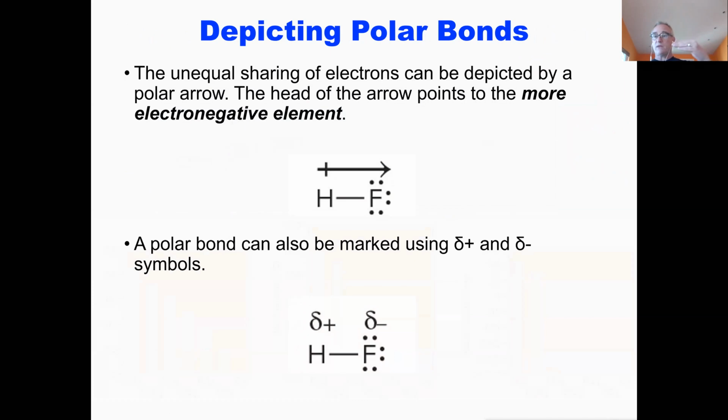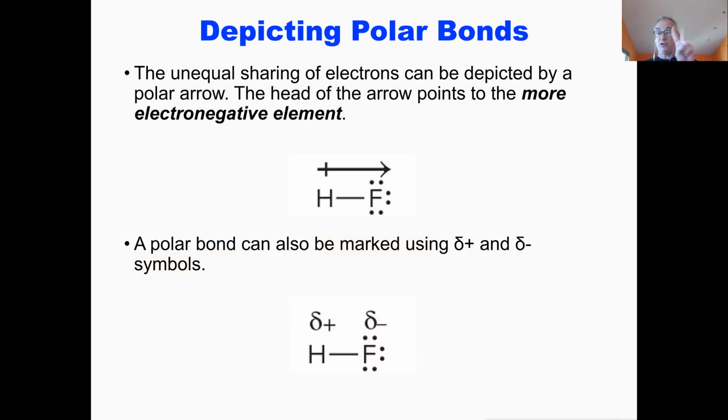So, depicting polar bonds. As I showed you, there are two ways of doing it. One is by using the delta symbol, so we get the delta plus and delta minus. But when you're drawing a molecule, that's not as helpful. With a single bond, it helps because it indicates which atom is more electronegative and where most of the electron density is going to be.